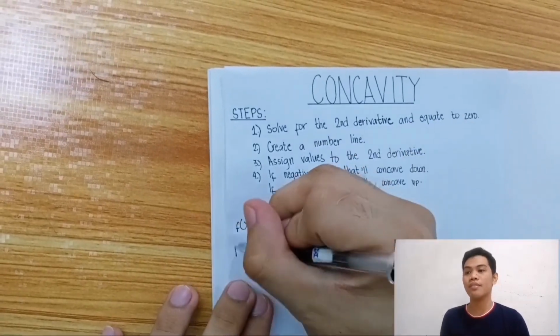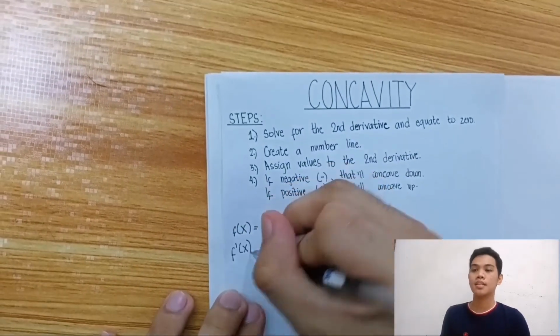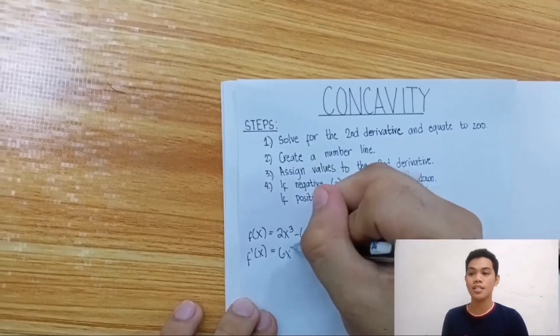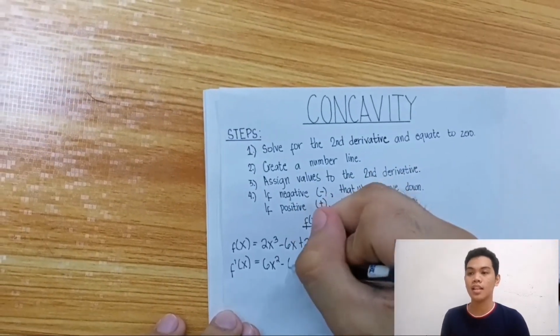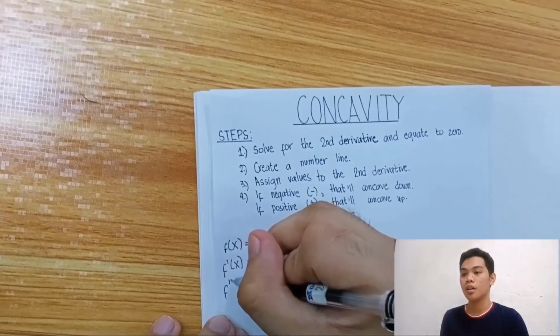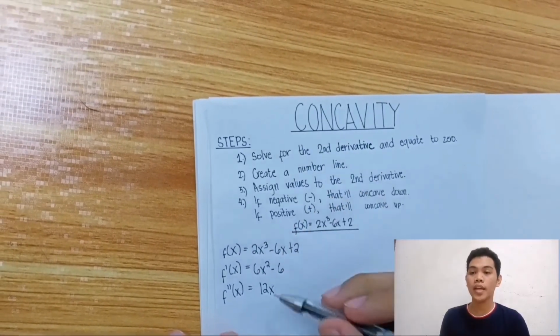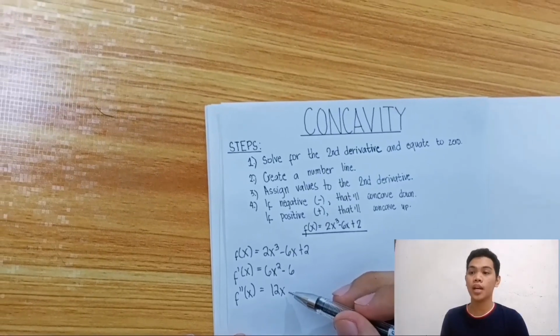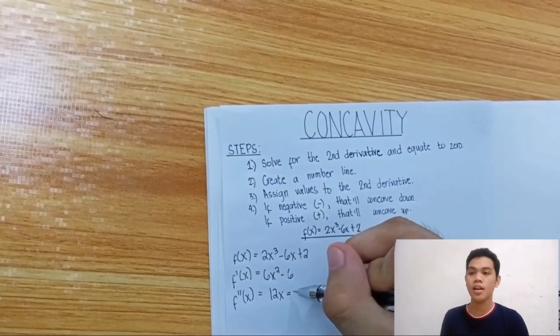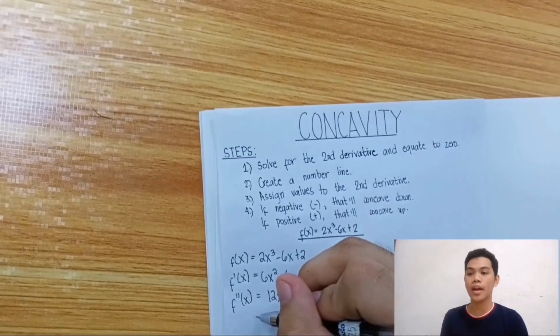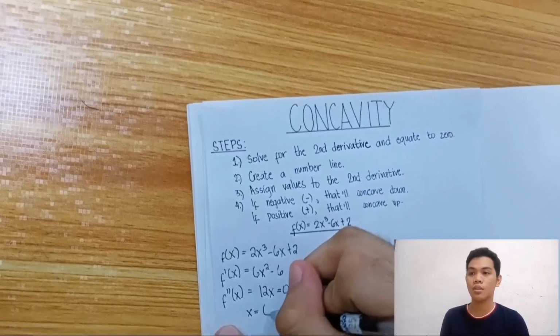Its first derivative is 6x squared minus 6, then its second derivative will be 12x. Then we equate it to 0 per step number 1, and the value of x will be equal to 0.